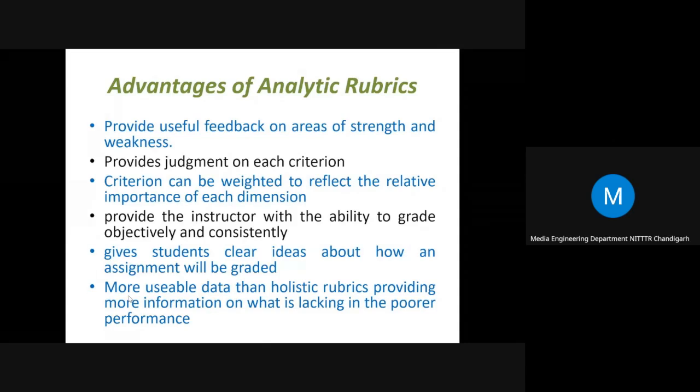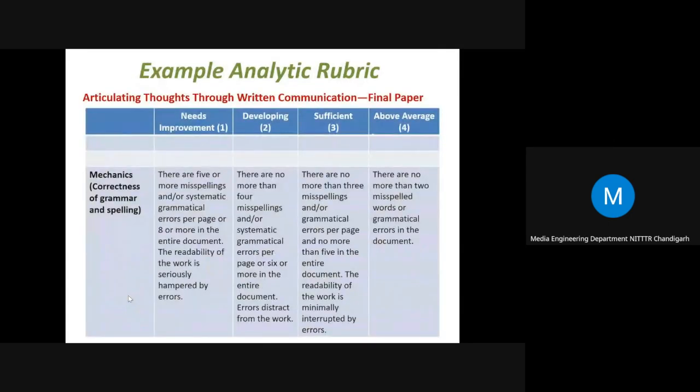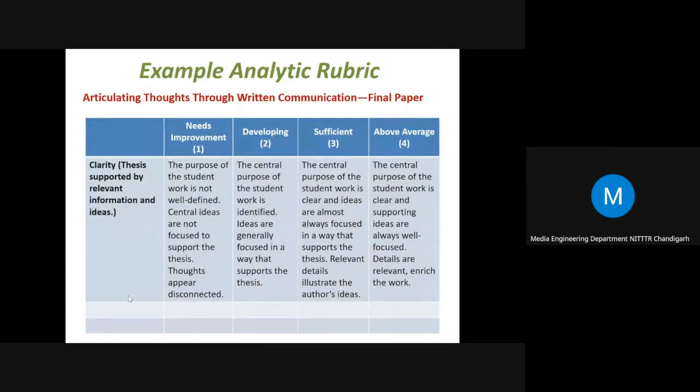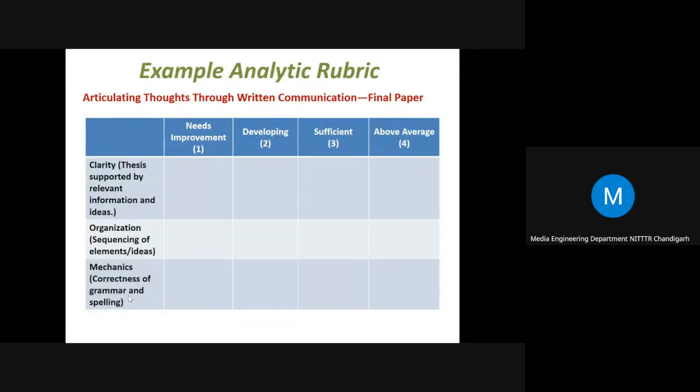Criterions can be weighted to reflect the relative importance of each dimension. So here we can see that we have used these 1, 2, 3, 4 as the scale for all the criterions. Now say we want to finally convert these scale points to marks, right? If we are converting these 1, 2, 3, 4 which we are awarding into marks, then we can multiply these scale points with different constants to give them more weightage.